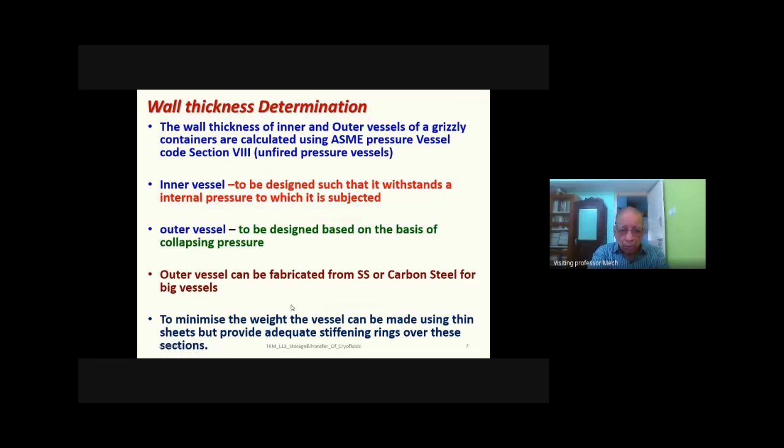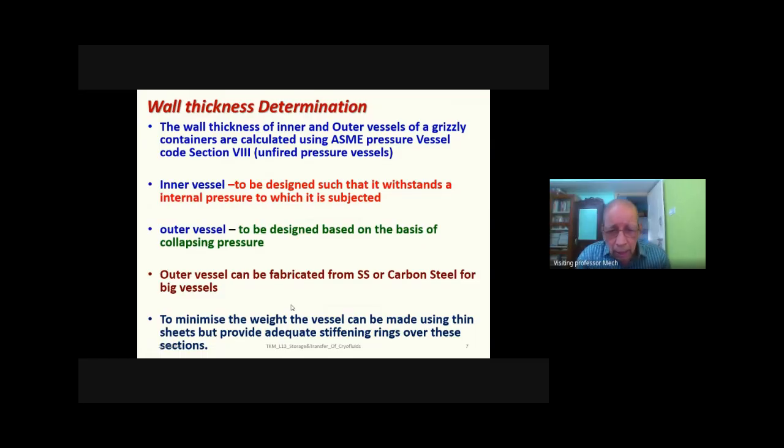Okay. Whereas the outer vessel is designed based on the collapsing pressure. That means an external pressure, whatever that is coming in, can make the system buckle. So normally in most of the outer vessels, the pressure difference will be only 1 bar, but there will be a factor of safety, maybe 3 or 4, that will also be involved with this. Okay.